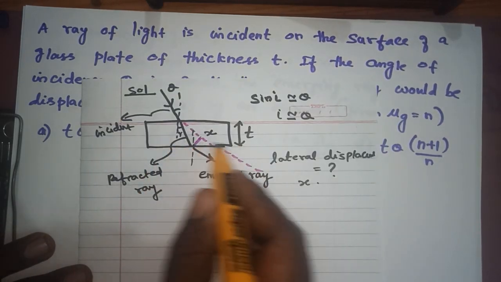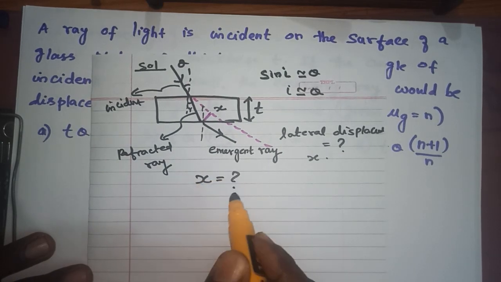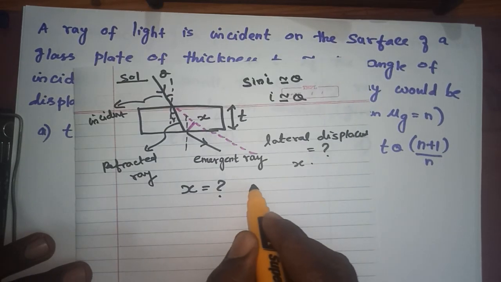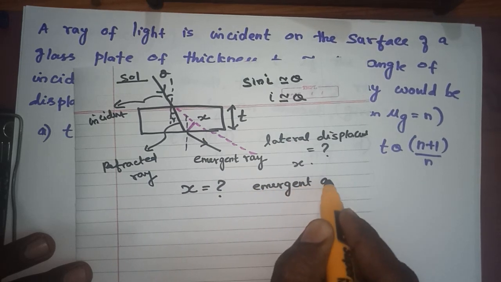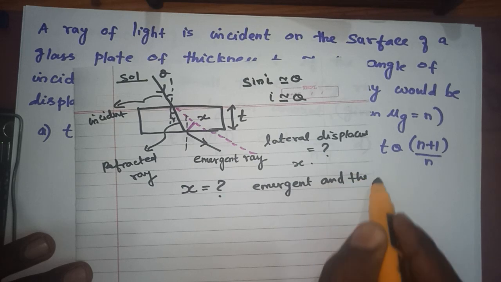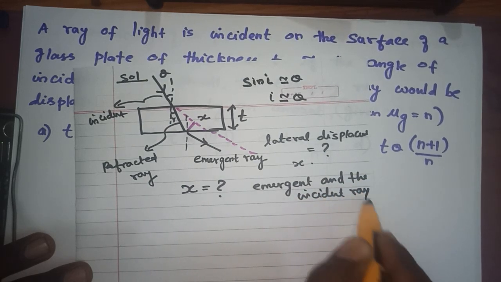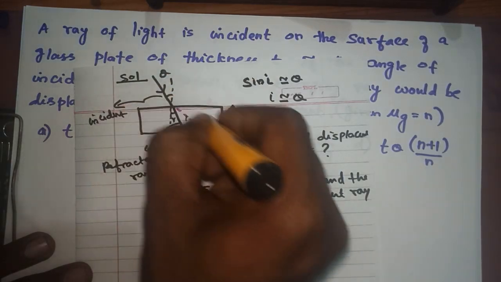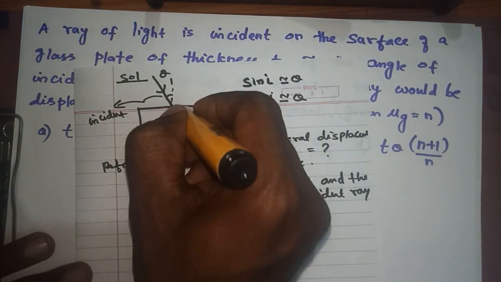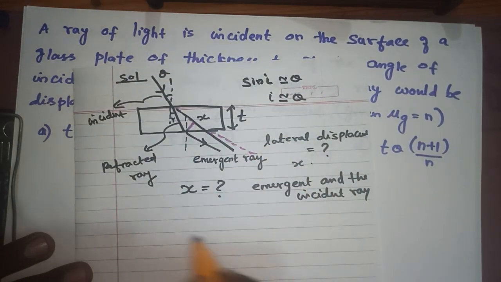So x is the distance between the emergent ray and the incident ray. If there were no refracting surface at this interface, the ray would have gone in this direction without any bending.